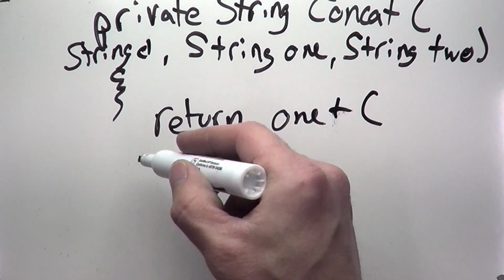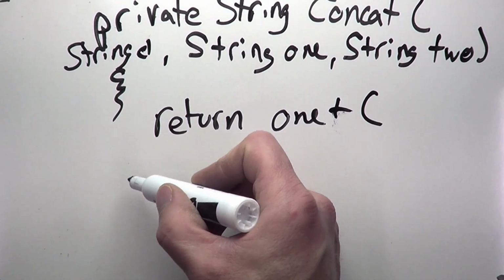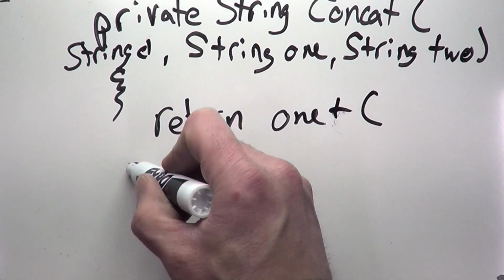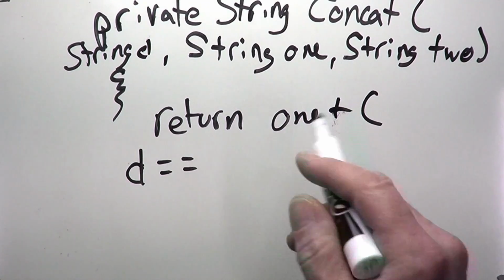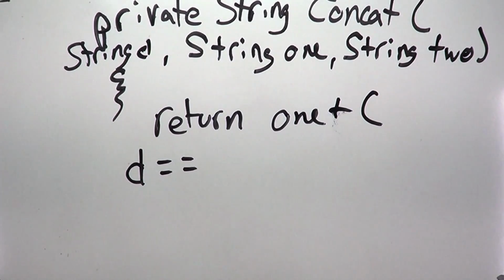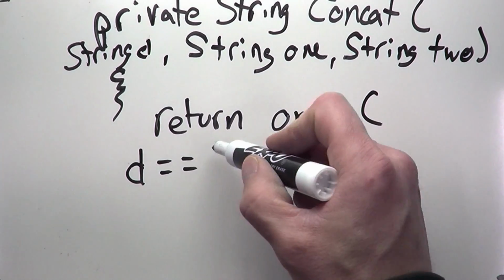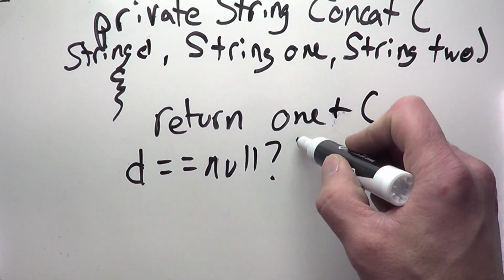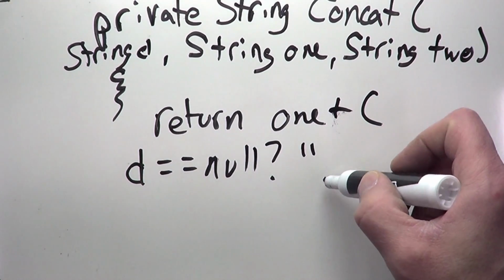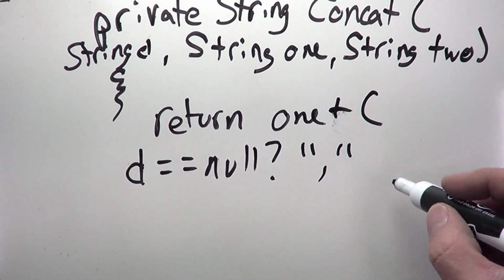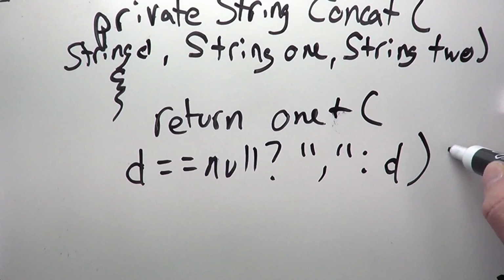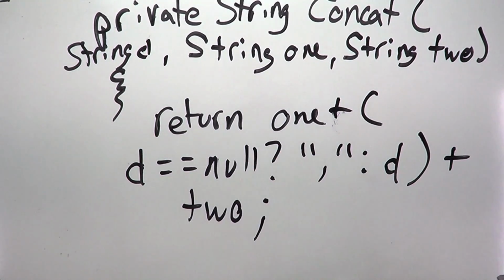We can test the delimiter right in our string concatenation here, and say if D equals null, and just use a ternary operator here, maybe make a default concatenator as a comma or something, and if it wasn't null, just return that, plus 2, boom.